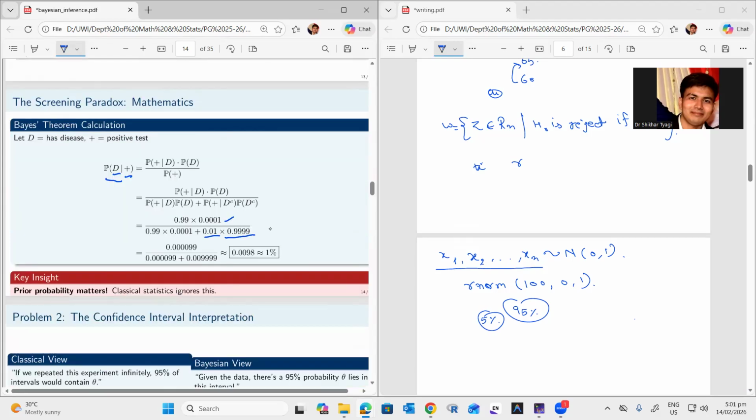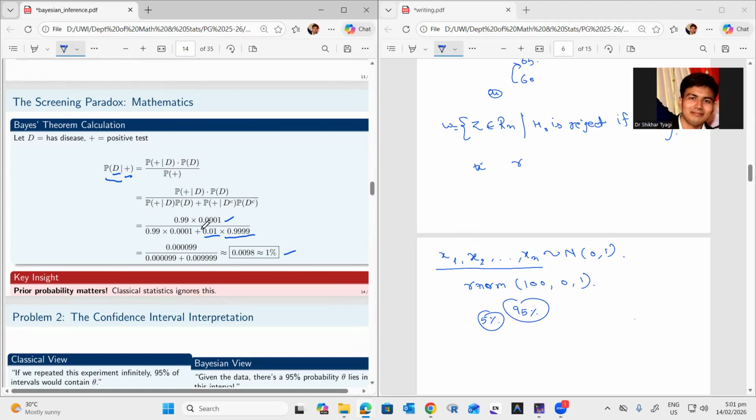When you solve this, it is equal to 0.0098, which is almost 1%. So the prior probability matters and classical statistics ignores it. That is the most important thing.